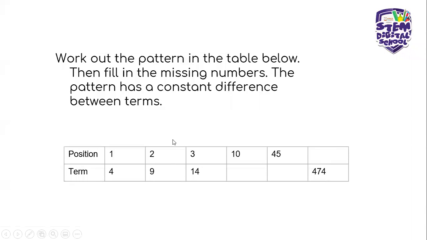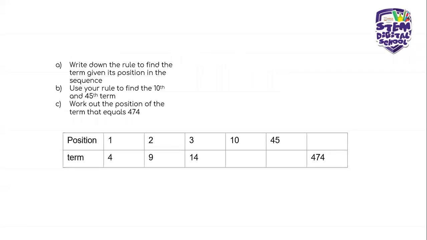just as reflected in the next slide. So as I've said to you, the first thing here, we need to write down the rule to find the term given its position in the sequence. And then thereafter, you must use the rule to find the 10th and the 45th term.